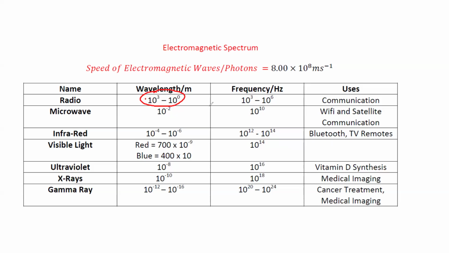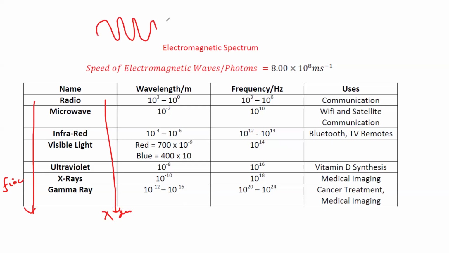You have to memorize this. What happens in the electromagnetic radiations as we move from radio to gamma? We observe the frequency increases and the wavelength decreases.